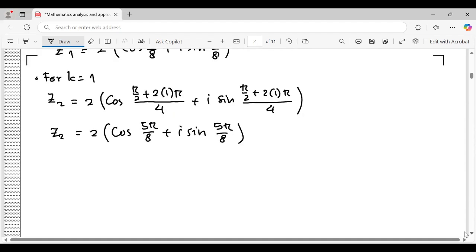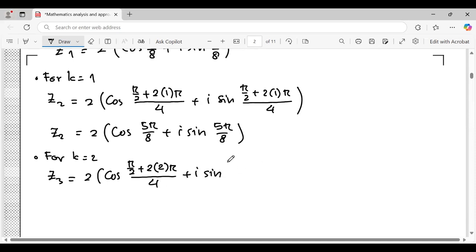Next, for k equals 2, z3 equals 2 times cosine of pi over 2 plus 2 times 2 pi over 4, plus i sine of pi over 2 plus 2 times 2 pi over 4.